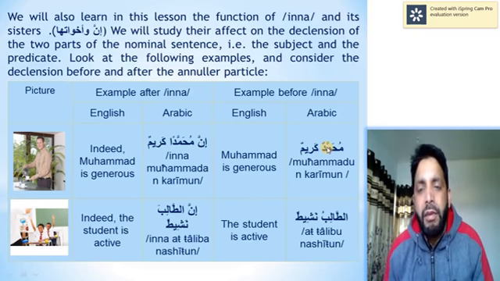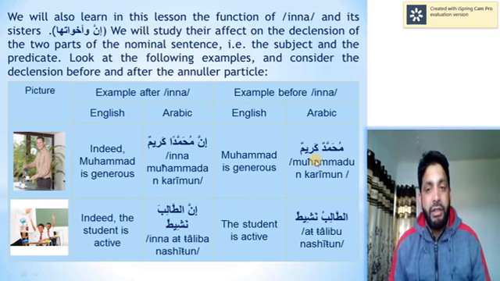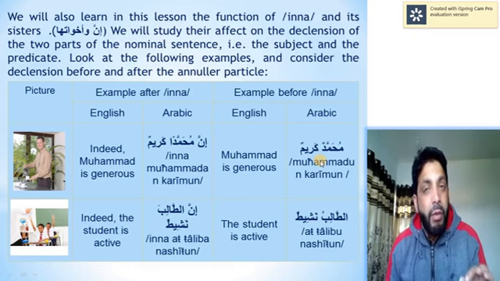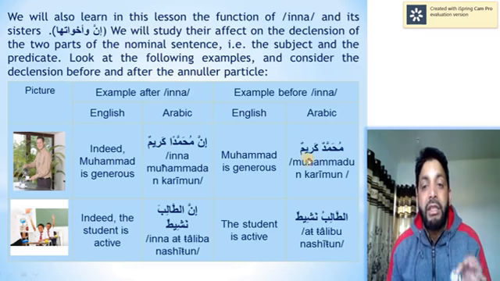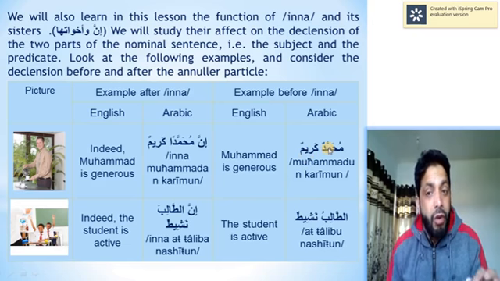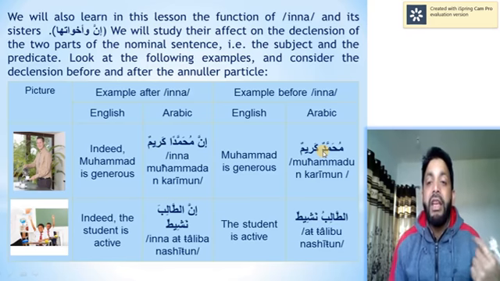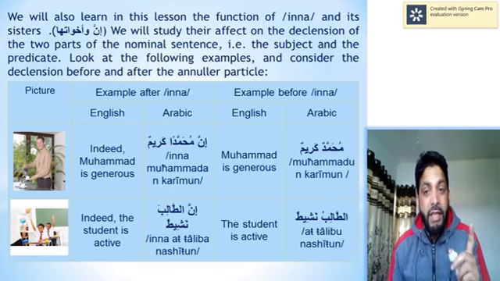First is Muhammadun Karimun. Muhammad is generous. Muhammad is a mubtada, subject. Karimun is its predicate. In Arabic we say khabar. Muhammad is subject and it is in the nominative case, because mubtada is always in the nominative case.